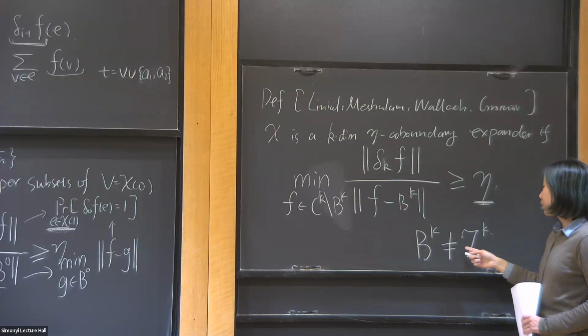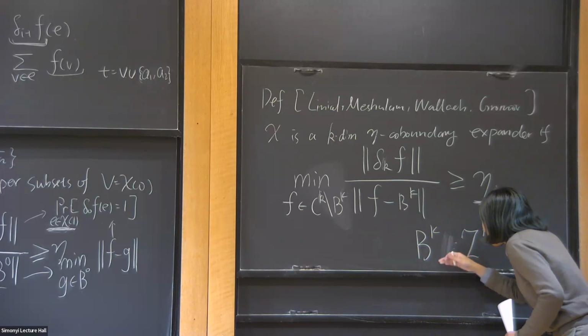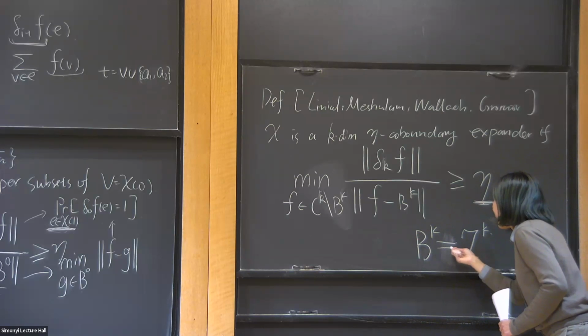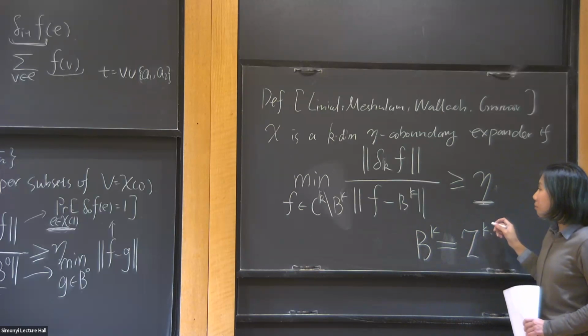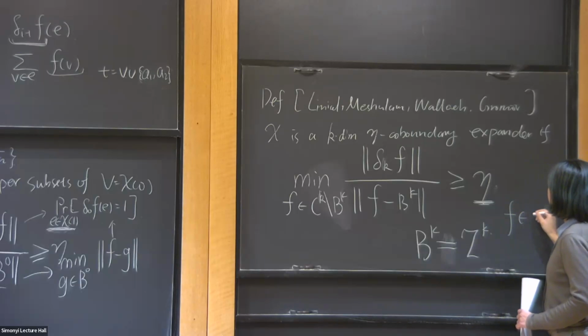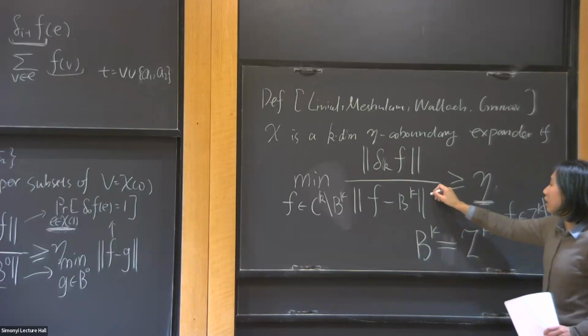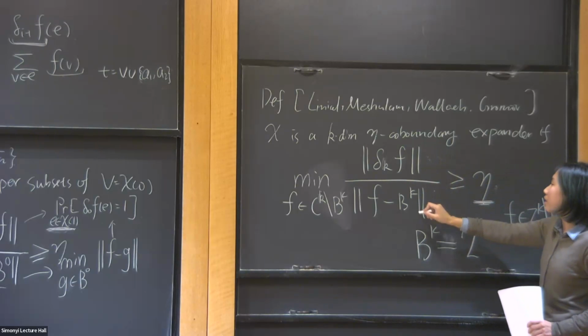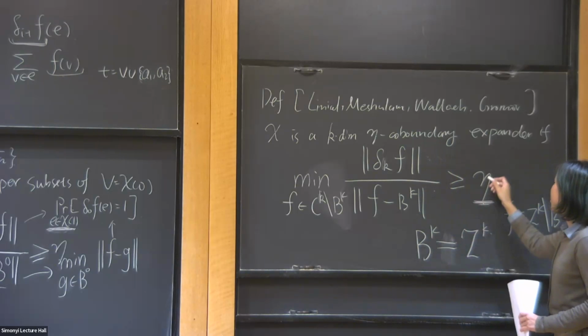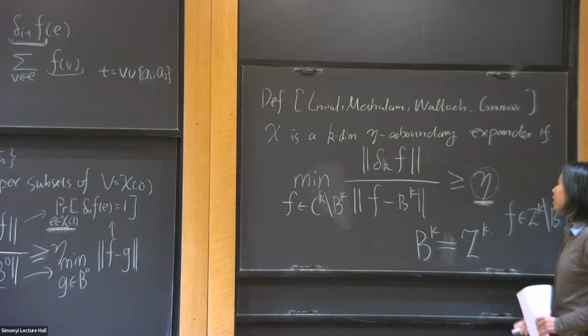The reason is that if they're not equal, then we can just pick f from Z^k but not in B^k and plug it in here. The numerator would be 0 because it's a cocycle, and the denominator would be something positive, so you couldn't get something greater than 0 here.